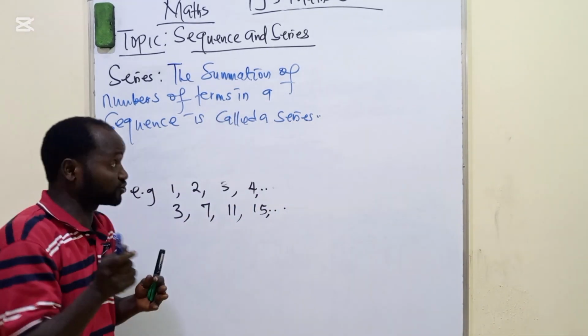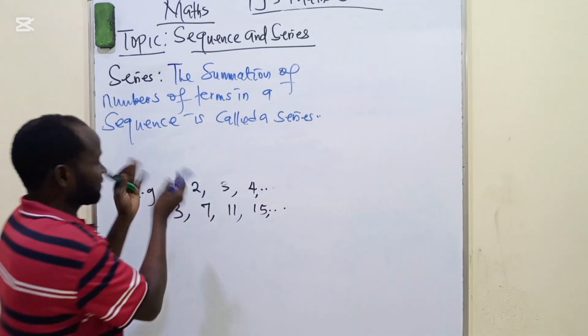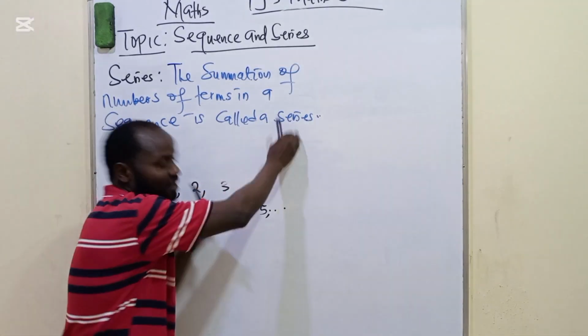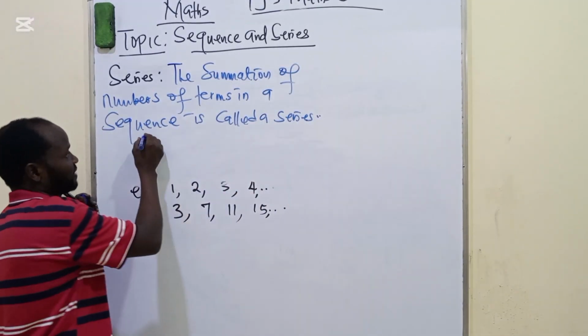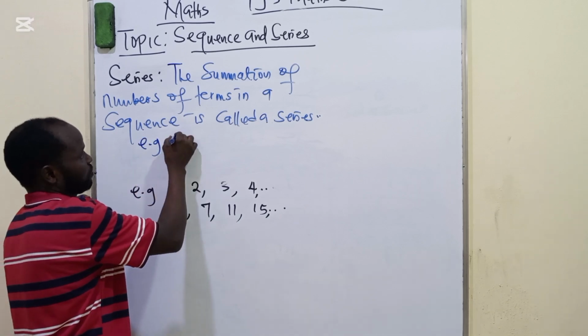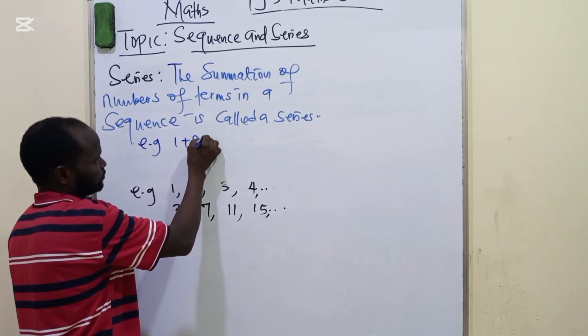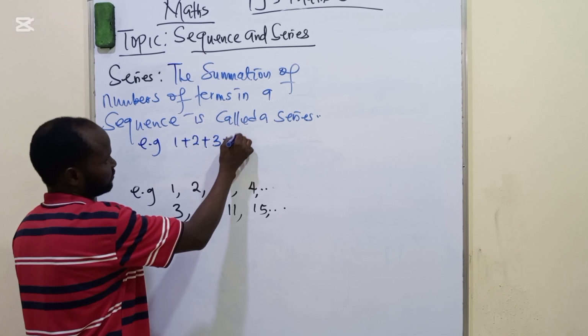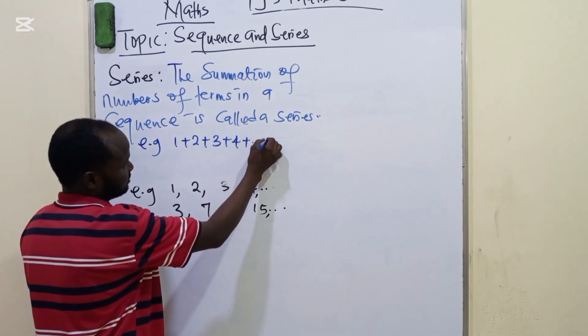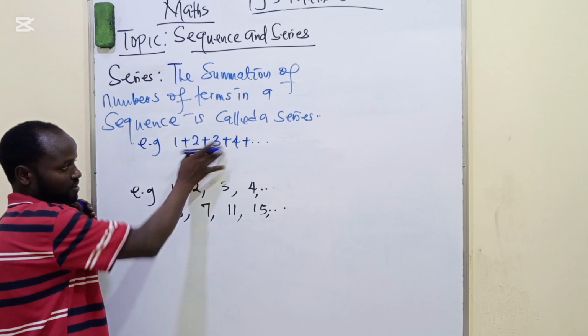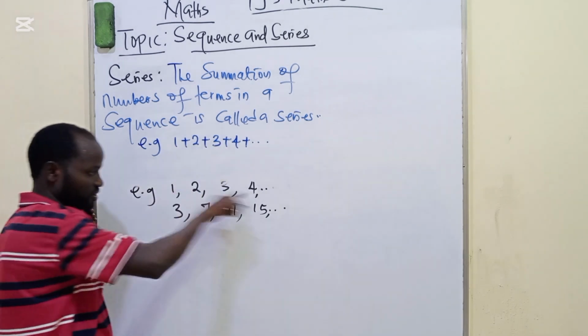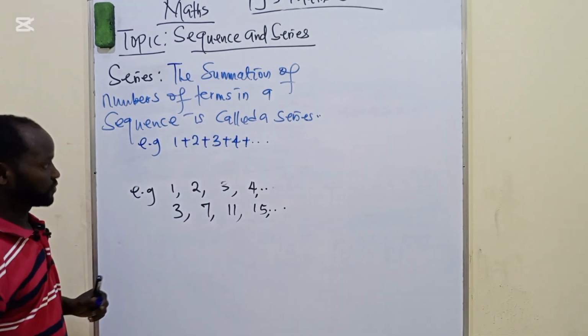So they are not the same actually. You must first have a sequence before you can have a series. Very important. Like this example here: if I say 1 plus 2 plus 3 plus 4 plus, in that order, this is a series. But if there is no plus, it is what? A sequence.